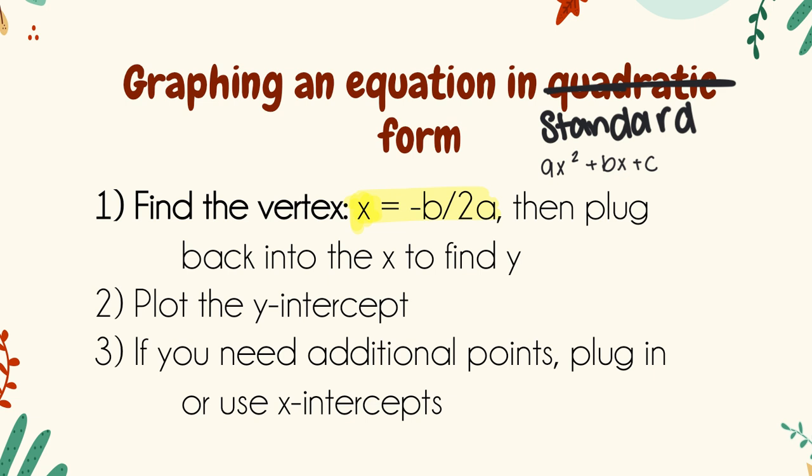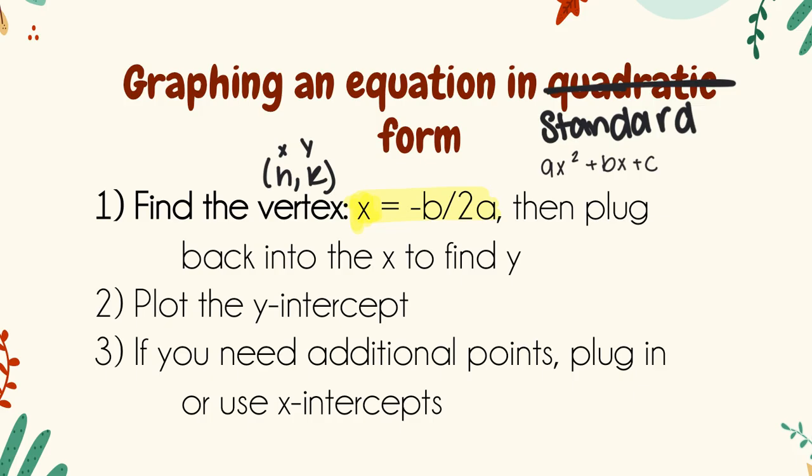Remember, vertex is represented as h and k, where h is my x value, k is my y value. So in order for me to solve for my vertex, this is what I'm using to solve for my h value, my x. I'm taking whatever my b is, and I'm making it negative. So negative b, keep in mind if this was a -6, it would be -6 over 2a, and then you're solving that way.